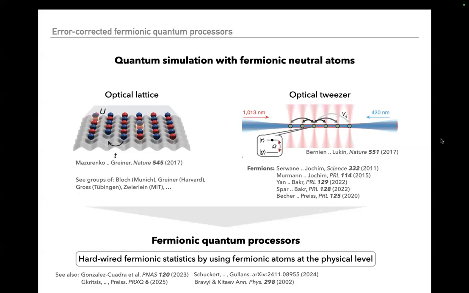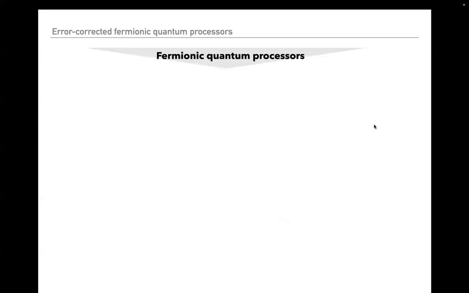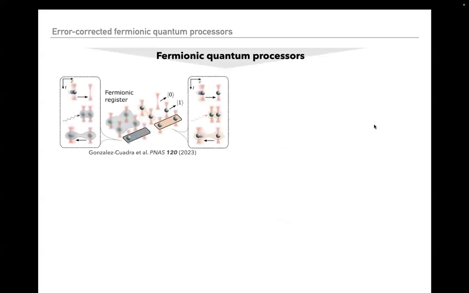One idea that was developed in Innsbruck, and that illustrates the way we think about this, is essentially shown over here. You have this array of tweezers, and now you can think of every tweezer essentially as a fermionic mode. This mode can be either empty, illustrated by the 0 here.